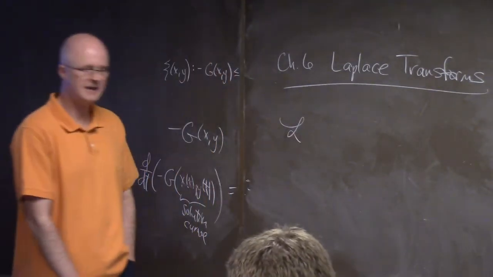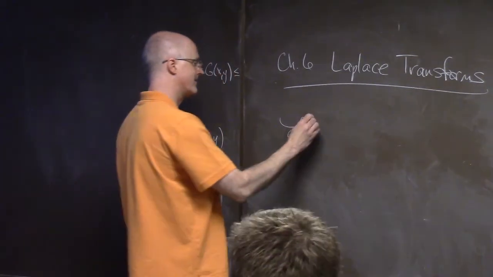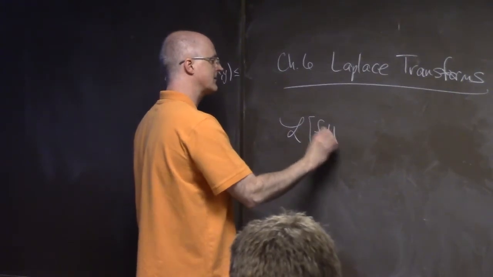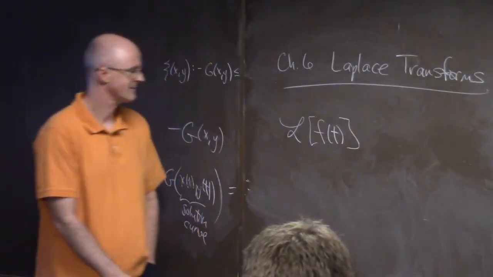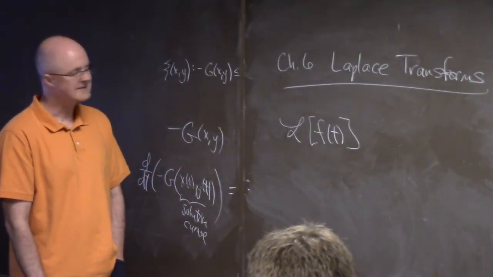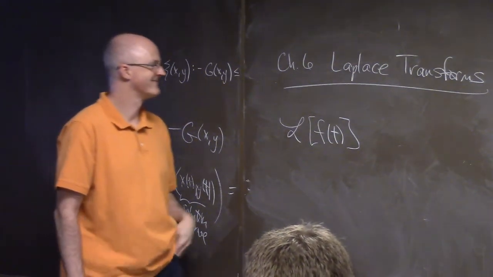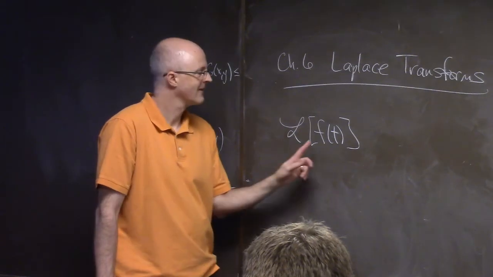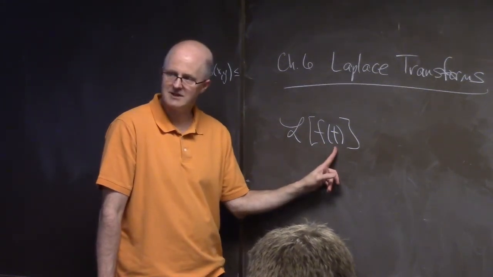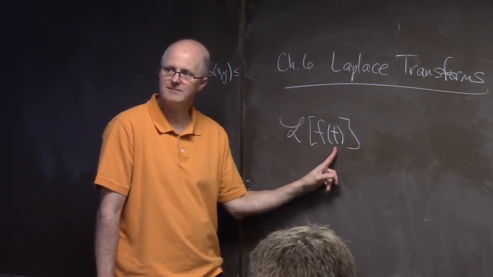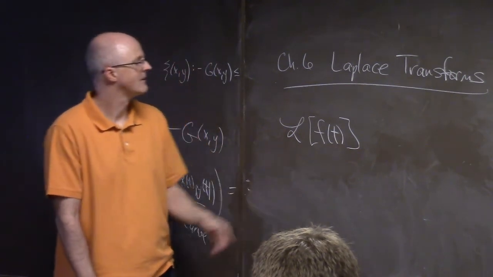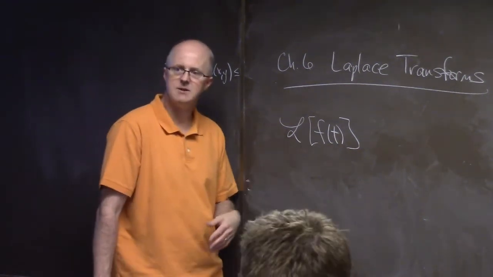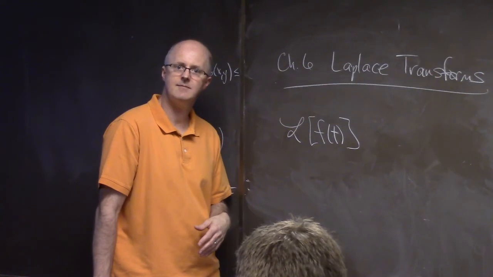The Laplace transform of a function, called the function f of t, is another function. There's really three functions going on in this notation. f of t is going to be an ordinary kind of function that I'm going to plug in there, maybe t squared, maybe e to the t, things like that.